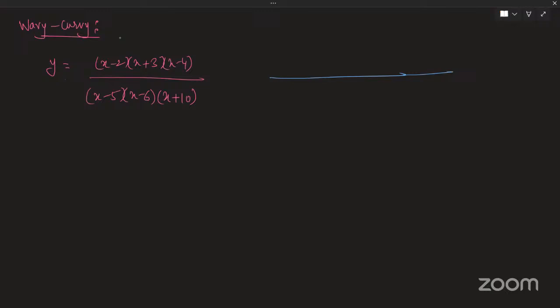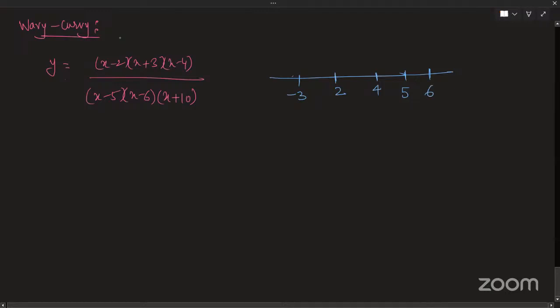So what you do is you write this in the form of these brackets. After that, you equate all of these brackets to zero and find out all the points. The first point will be 2, second will be -3, then 4, then 5, 6, and -10. These are my points. After that, you don't look at these brackets, you look outside them.